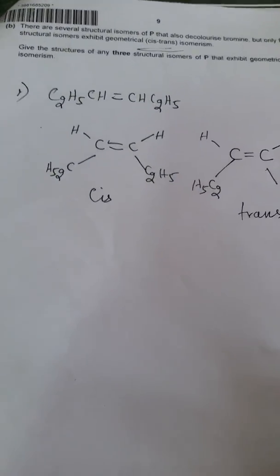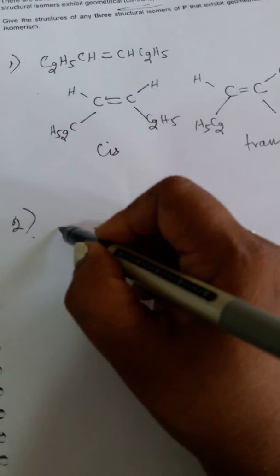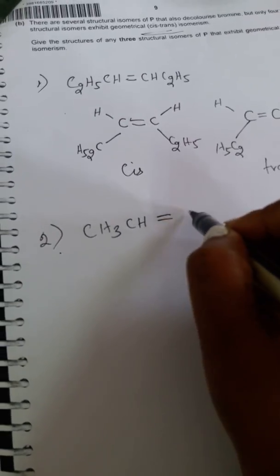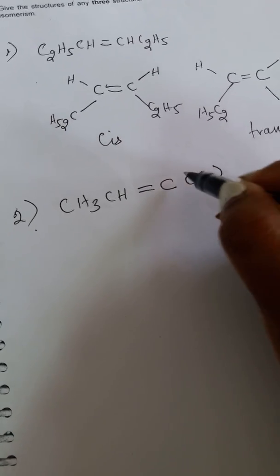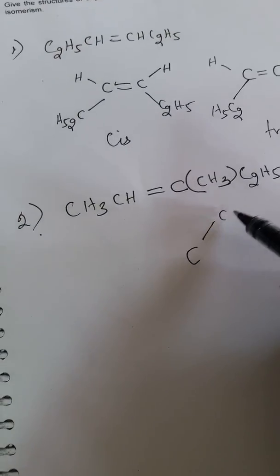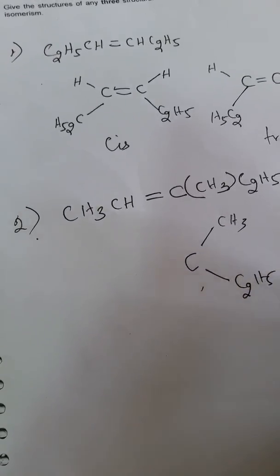Okay. So like that 3 isomers they have asked. So for the second one you can write CH3, CH double bond C, CH3, C2H5. Okay. This is like CH3 over here and C2H5 over here.